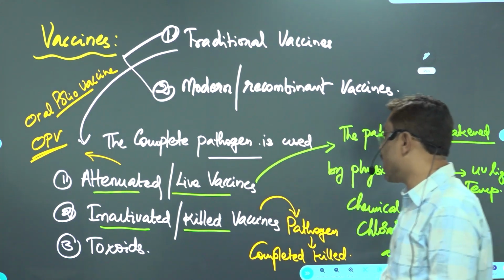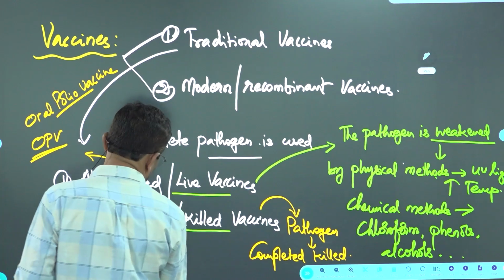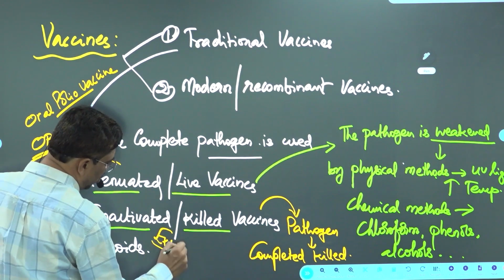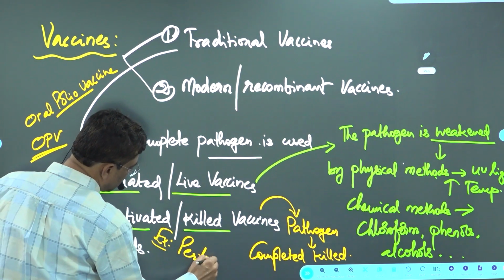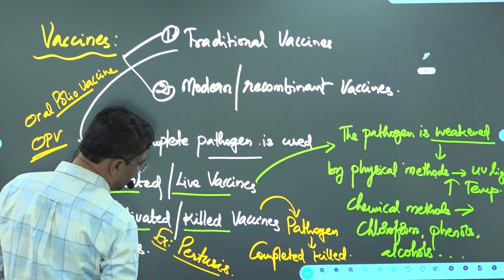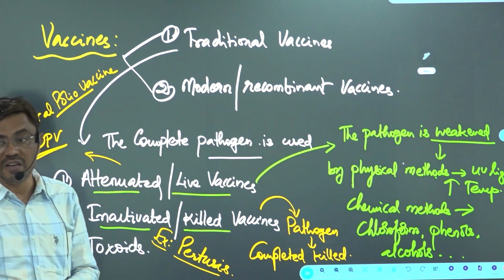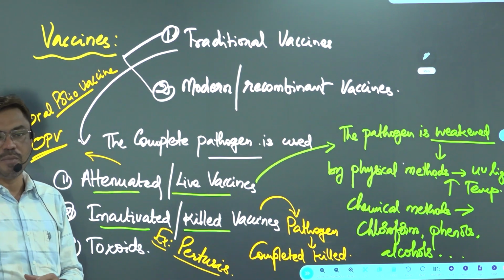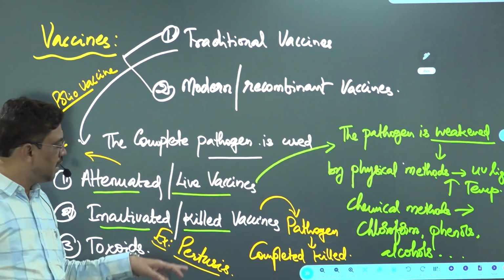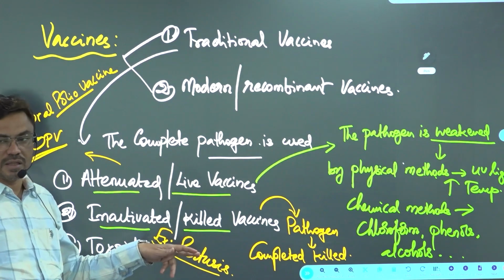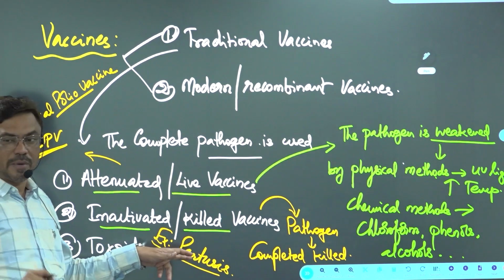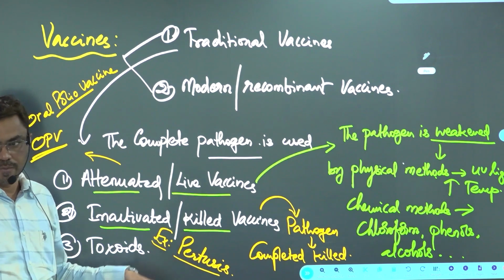For example, the pertussis vaccine. In the DPT vaccine, diphtheria, pertussis, and tetanus, pertussis is a killed vaccine. Here the Bordetella pertussis bacteria is completely killed.